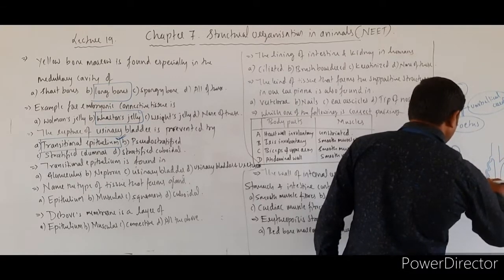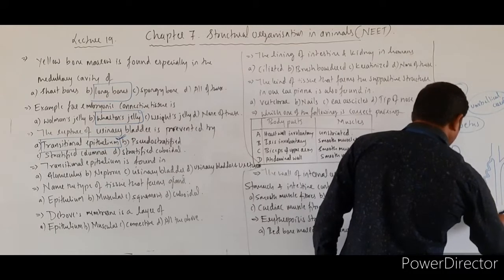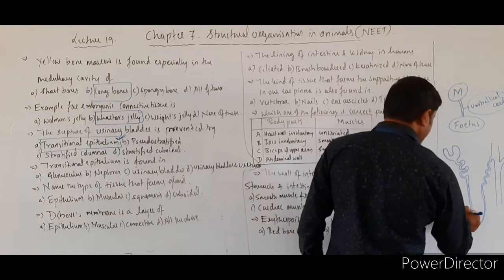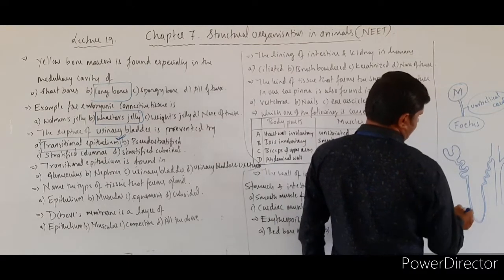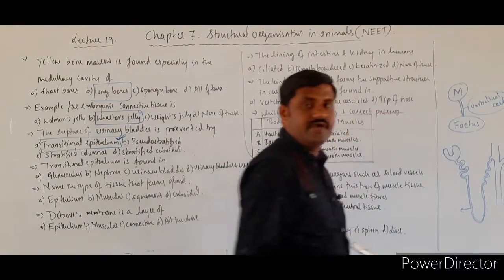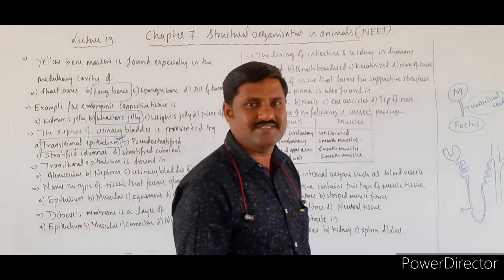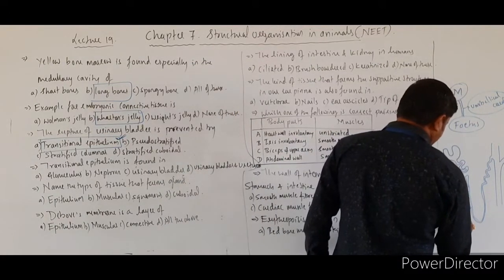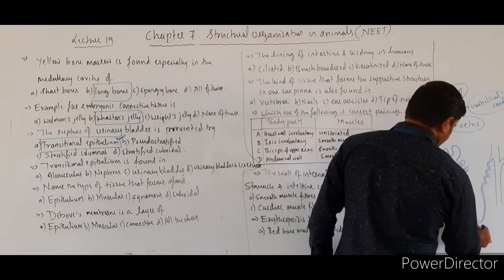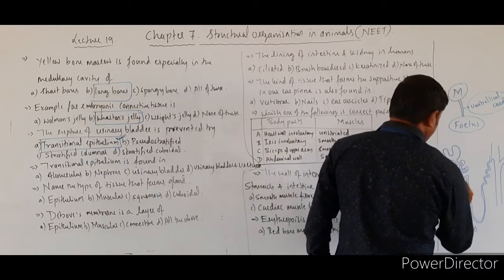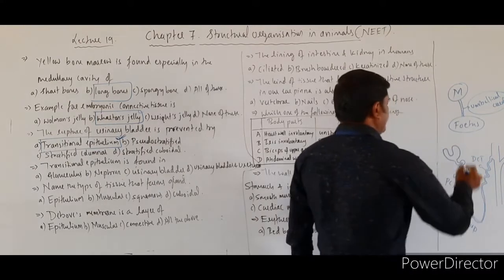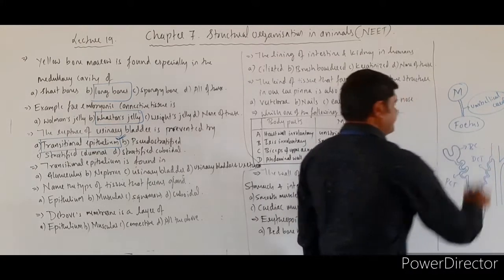In the middle there is a small thin hairpin-like tubular structure, called Henle's loop. This is the PCT, this is the DCT, and this is Bowman's capsule, BC.